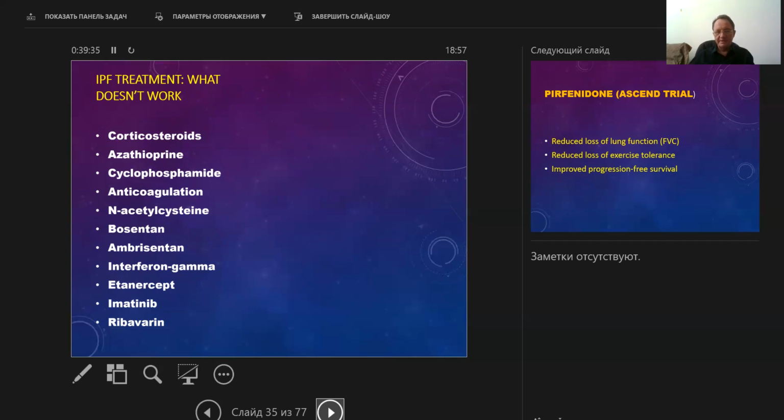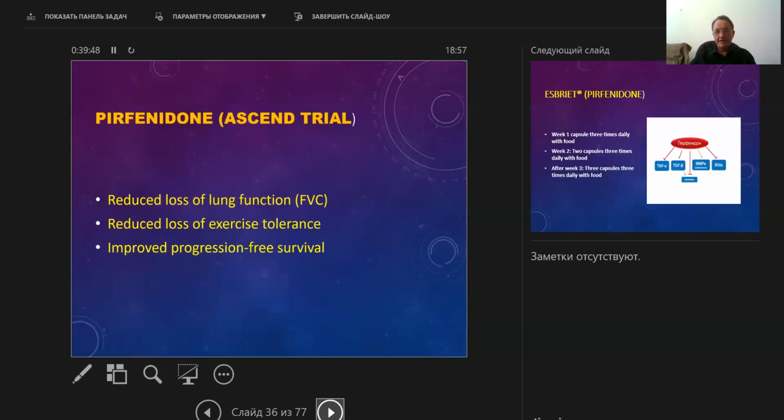That's why in IPF these drugs don't work, and please do not prescribe them for treatment of patients with IPF.